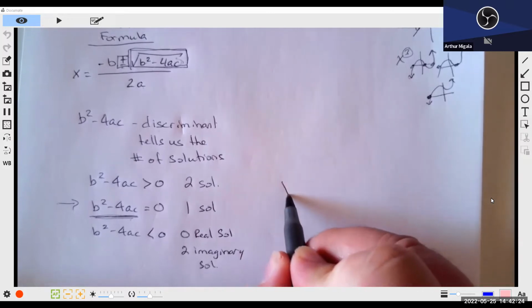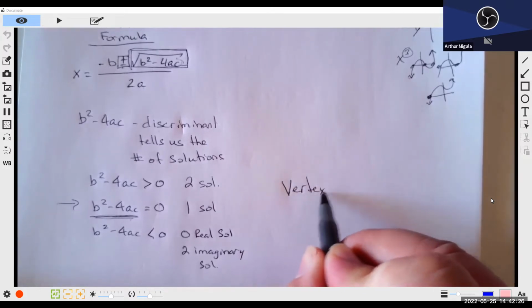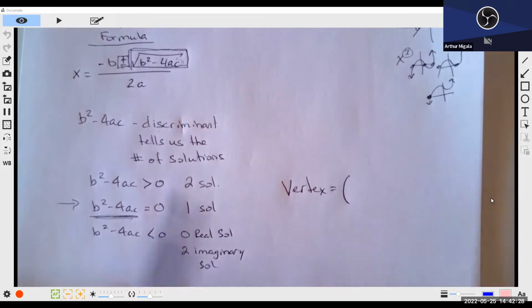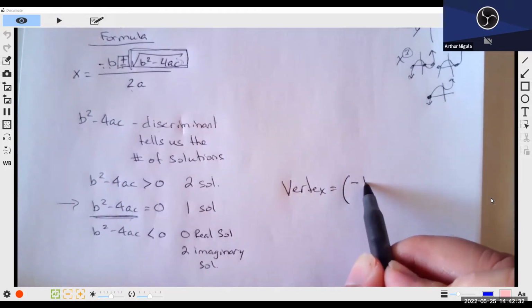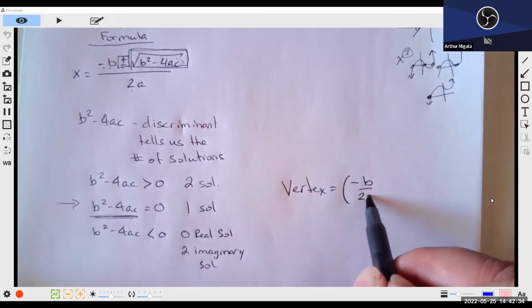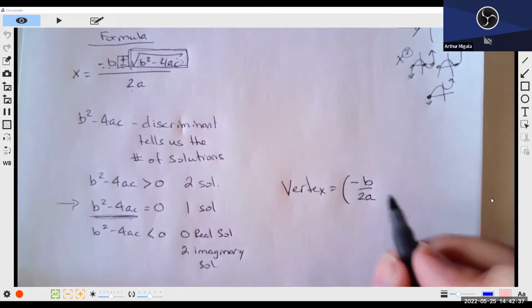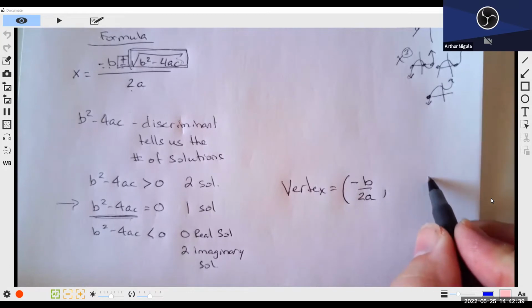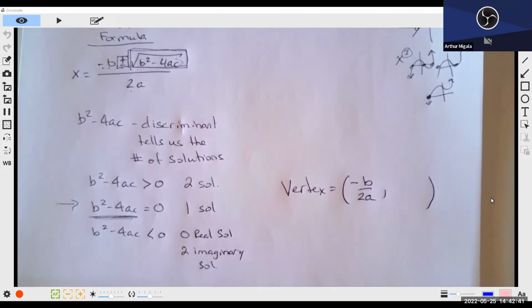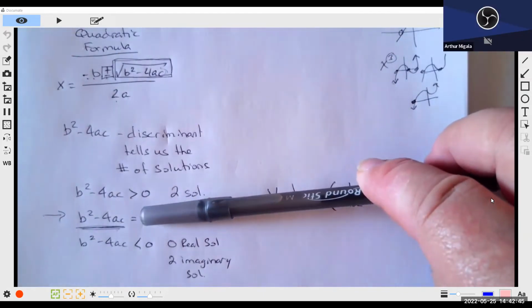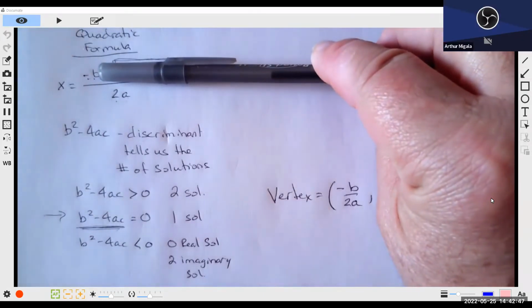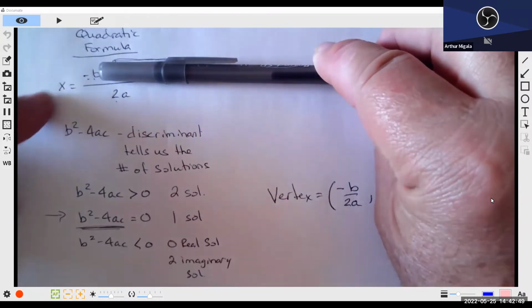So the formula for the vertex is negative b over 2a. That's the x part, because it has to be a point. So if the square root equals 0, that's all gone. All we have left is negative b over 2a. That's our x value.